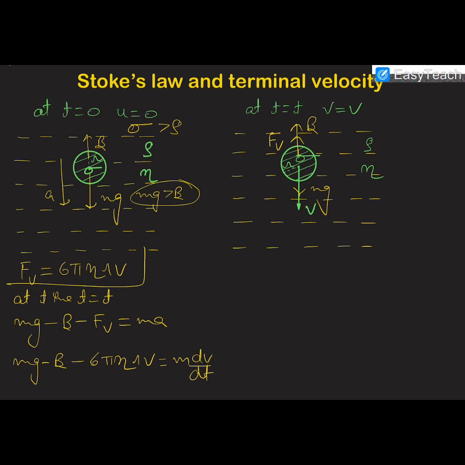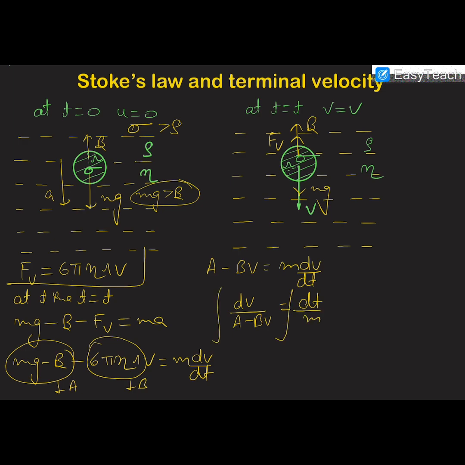Now to integrate, let us assume that the first term is a and the coefficient of v is b. So a minus bv equals m dv by dt, and dv upon a minus bv equals dt upon m. Now we integrate both sides, with the limit from 0 to v and the time limit from 0 to t.